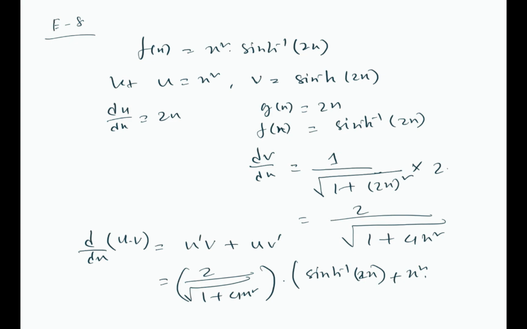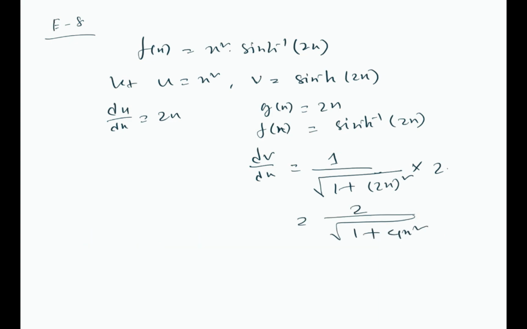Our b prime, sorry. So according to the product rule, I can write the derivative of ub is equal to u prime b plus ub prime, right? So according to this rule, I can write u prime. What is u prime? u prime is 2x times b.